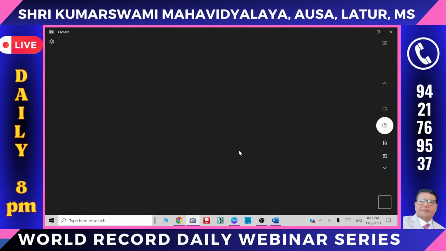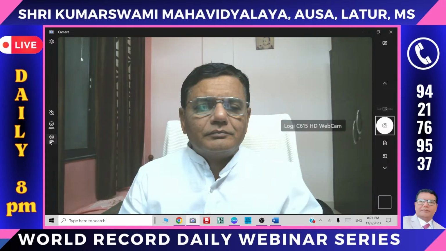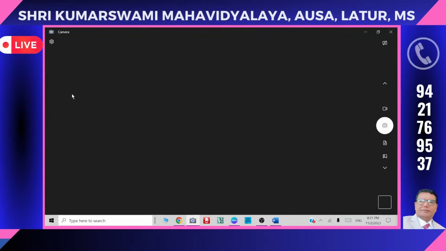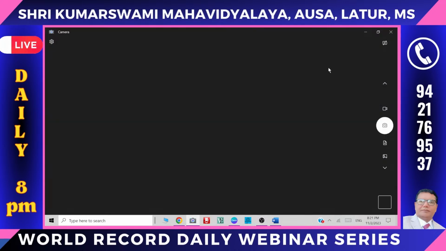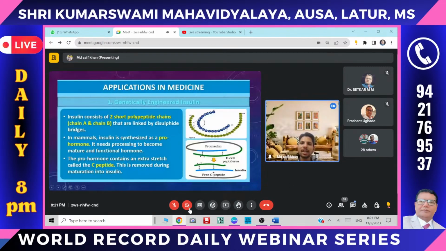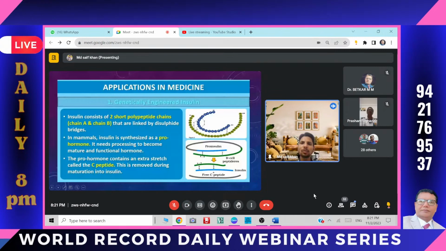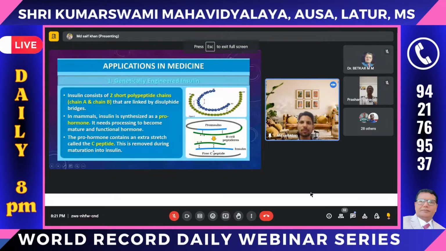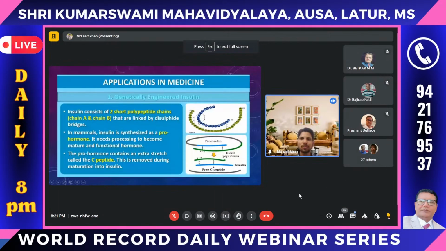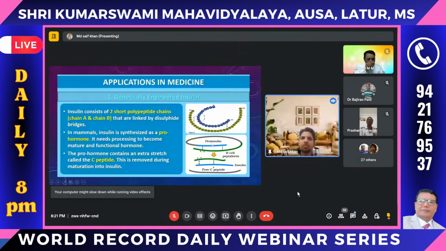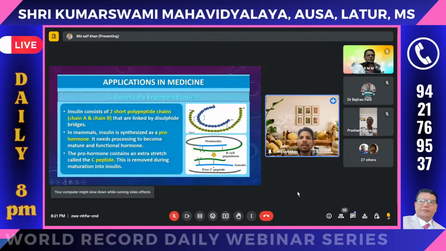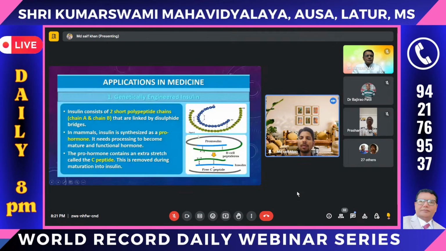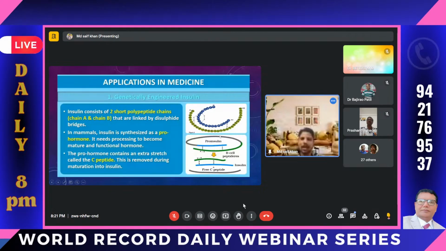As you are seeing here, these are the two chains of the insulin protein, which are attached by the disulfide linkage between the two cysteine residues, right? It is firstly formed in the inactive form, called proinsulin, right?